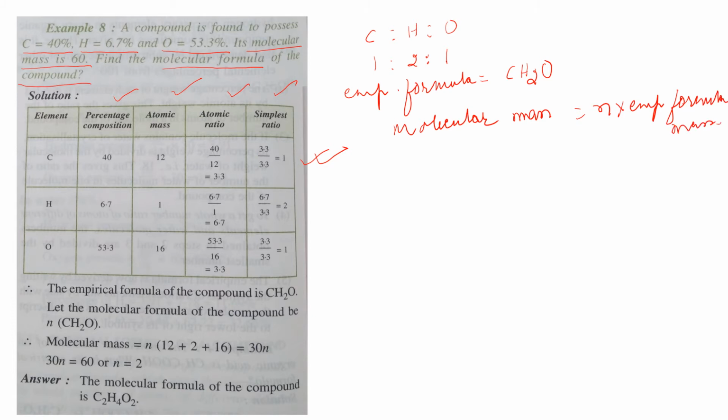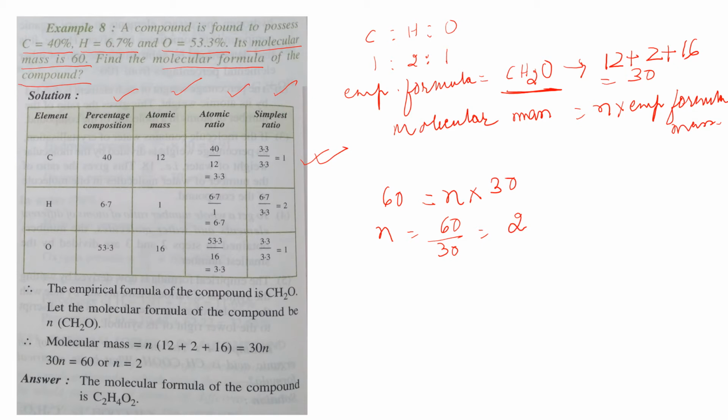So molecular mass is given as 60. So I can write here 60 is equal to N into empirical formula mass. That means I have to find out the mass for this one. This is 12 plus 2 plus 16, so this comes to 30. Now from there, N is equal to 60 by 30, so it is 2.